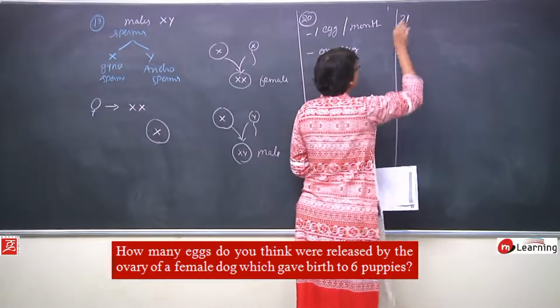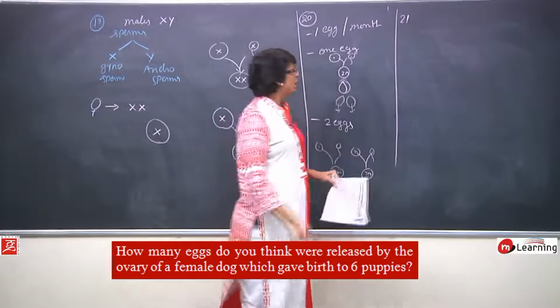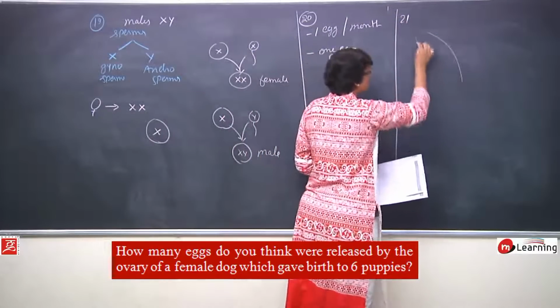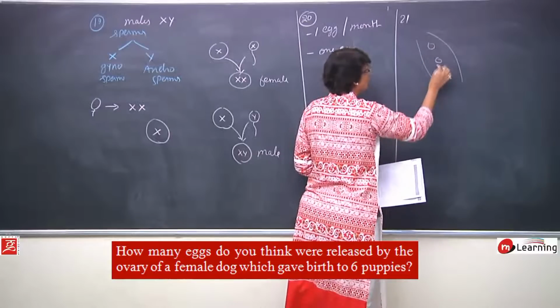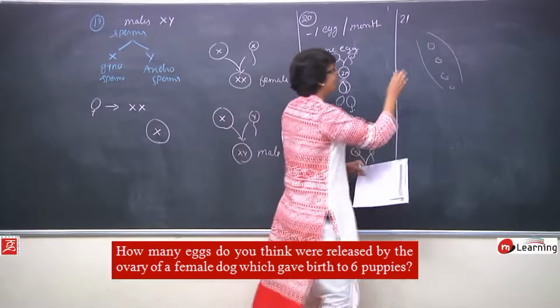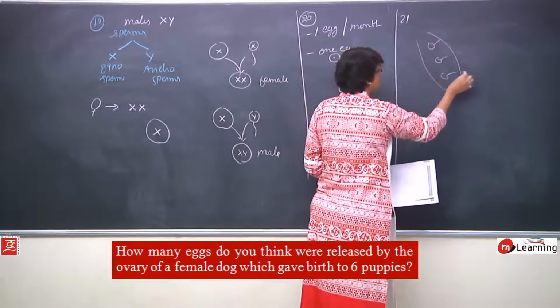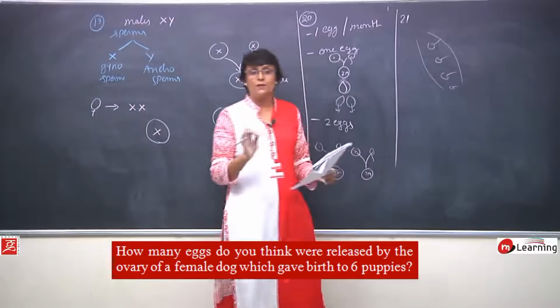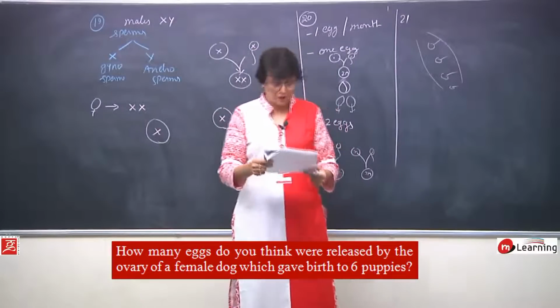This is 21st question. So, suppose this is the uterus, they produce 1, 2, 3, 4 eggs. All eggs get fertilized and they will form the zygote.